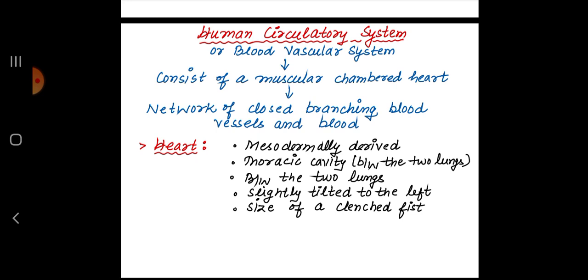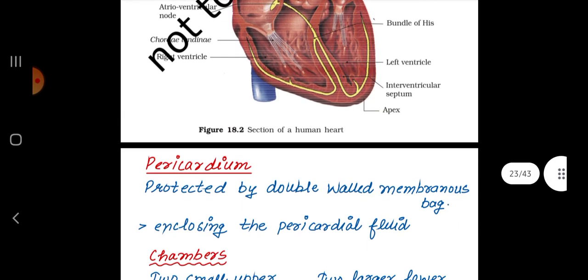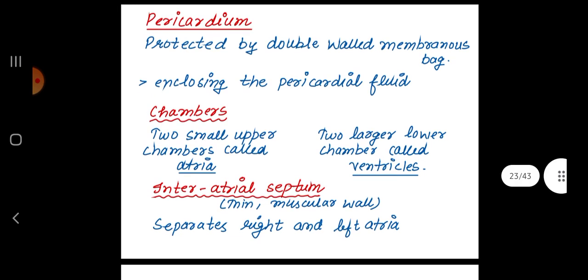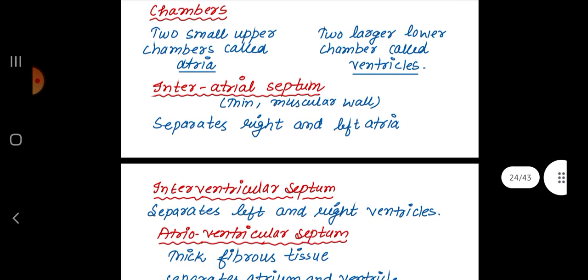The heart is mesodermally derived and lies in the thoracic cavity between the two lungs, slightly tilted to the left, about the size of a clenched fist. The heart is protected by a double-walled membranous bag, the pericardium, which contains pericardial fluid. It has two small upper chambers called atria and two larger lower chambers called ventricles.